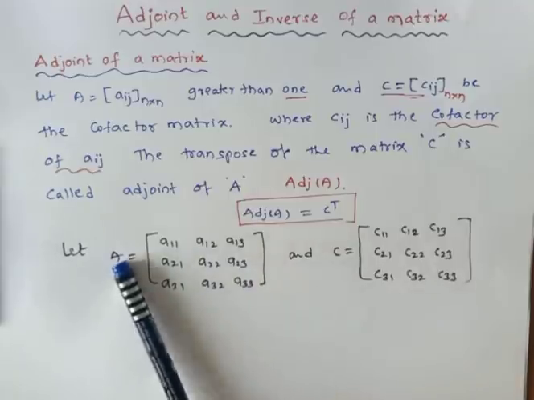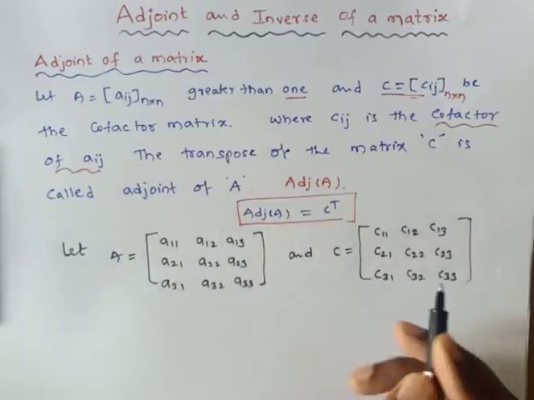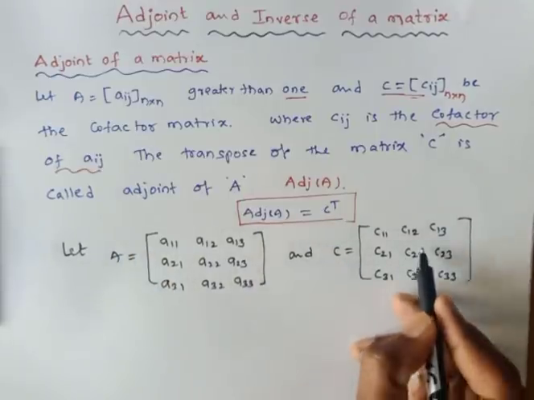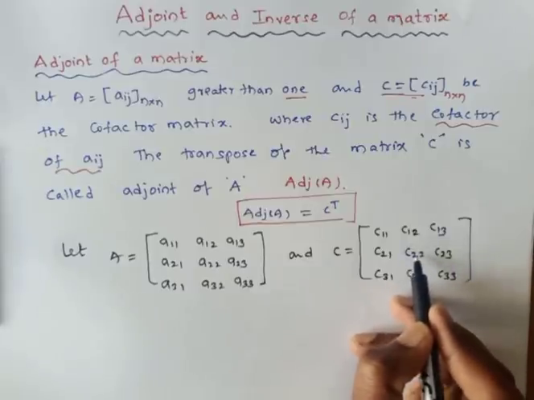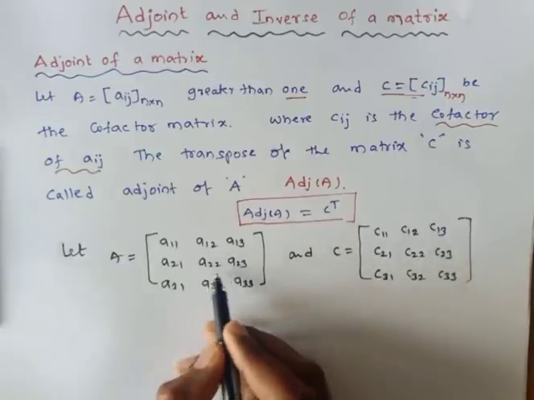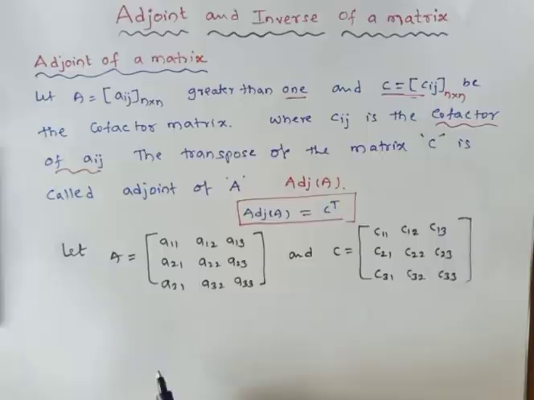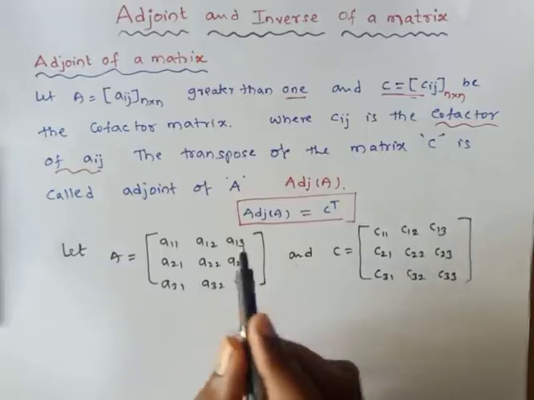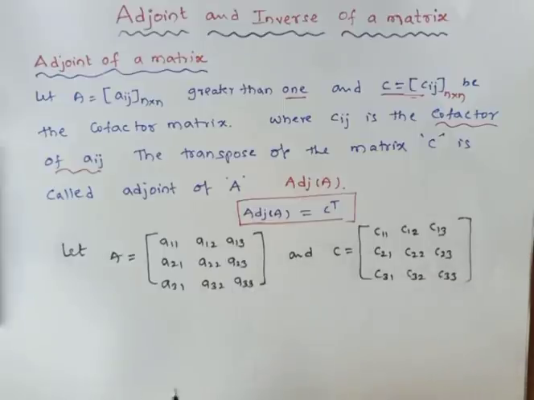A is the given matrix and C is the cofactor matrix of A. For example, C22 is the cofactor of the element A22, and you know how to evaluate the cofactor of each and every element of this matrix.